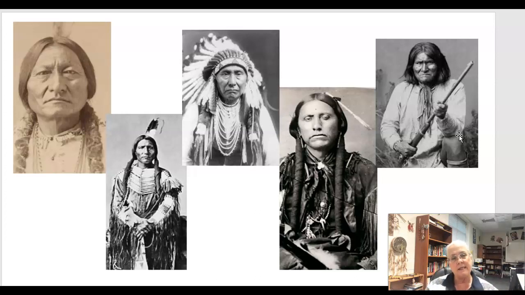Now, there are going to be several Indian battles during this time period, and this is when you're going to go from having an Indian nation that covers all of the territory west of the Mississippi to just little spotted reservations in certain parts of Western America. So the first one is the Sand Creek Massacre, and it happens in 1864.